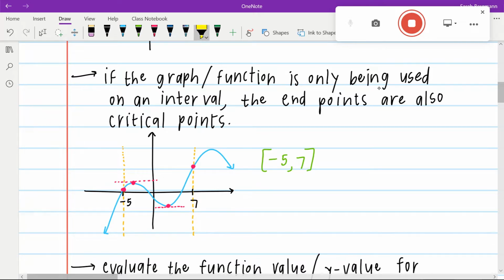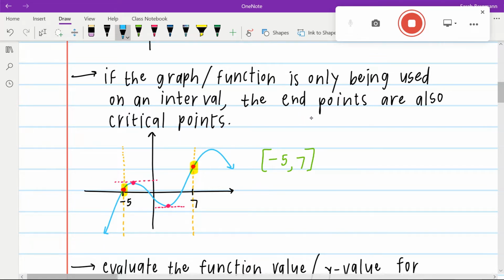Notice that this point on the graph at -5 and this point on the graph at 7, if we're only inspecting the graph between the two yellow lines, both of these points at -5 and at 7 would be extreme value points.